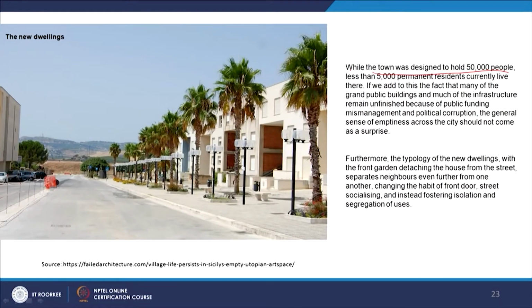In the housing, earlier there was an informal way of interacting with the neighbors, but now we have the front garden which detaches the house from the street and separates the neighbors. So the social interactions were weakened, and the scale of parking, the kind of vastness they projected, also has implications for the maintenance of the project.